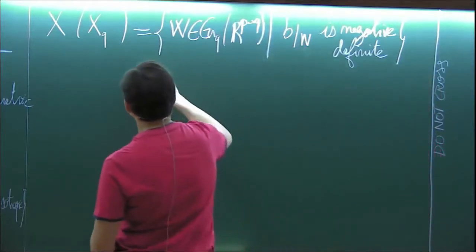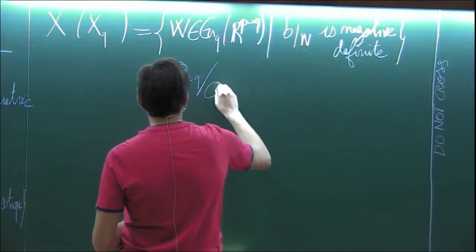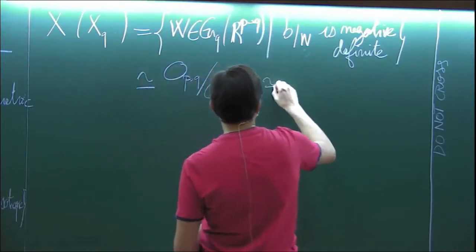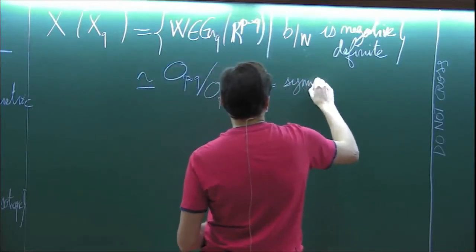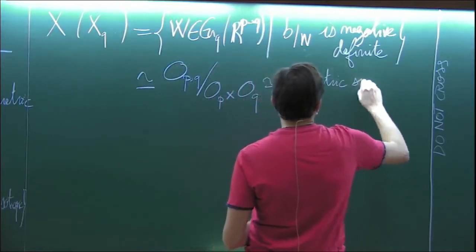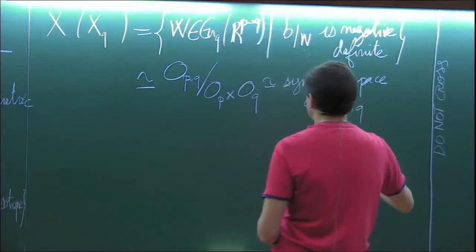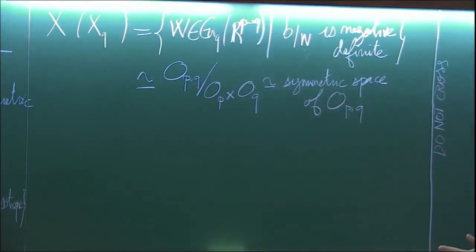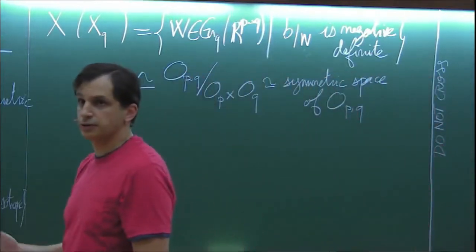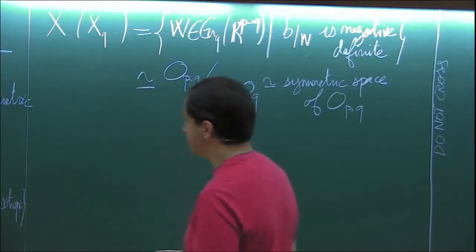So you can calculate that this is the same as O(P,Q) divided by O(P) cross O(Q), which is the Riemannian symmetric space of O(P,Q). I will not use in any meaningful manner the Riemannian properties of this space.